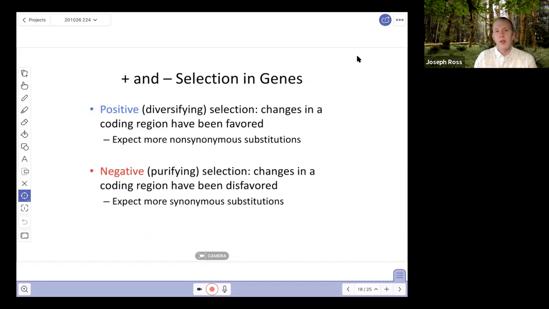So what we're talking about here is the concept of positive and negative selection. These are terms that we're going to hear quite a bit in the study of evolution and development, especially molecular evolution. We have the term positive selection, which is also called diversifying selection. This is what we call a mutation that changes an amino acid and is beneficial.